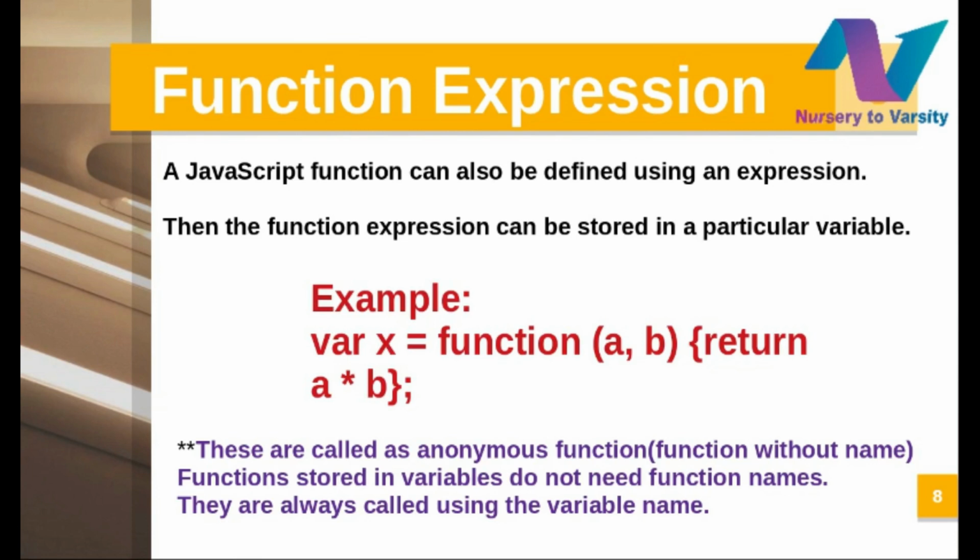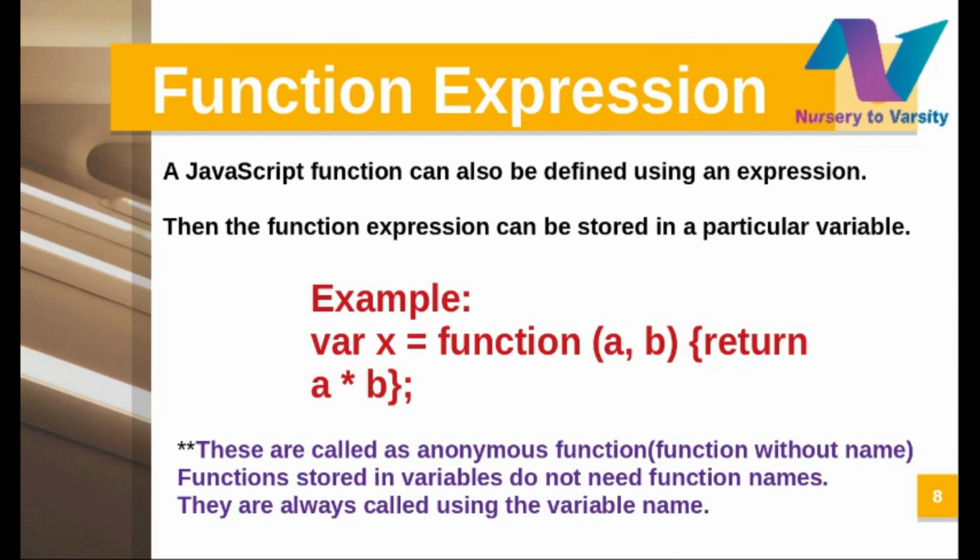We are defining the function without a function name and storing it in a variable x. Whenever you have to call this function, you will write the variable x we have already defined, and in brackets you will pass the parameters. It can be a single parameter or more than one.